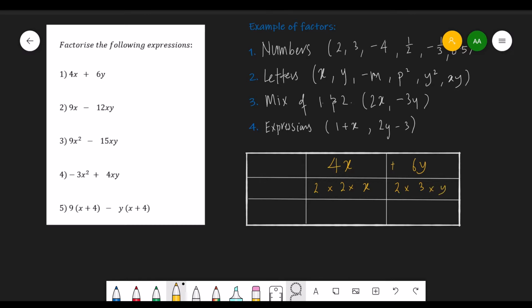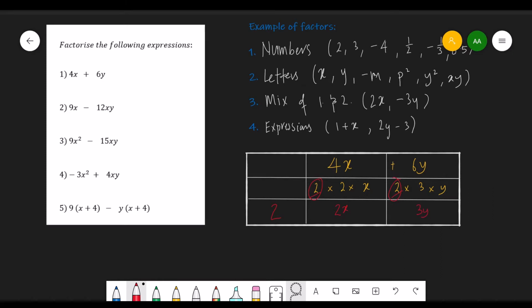After we know these are the factors of 4x and 6y, we are now going to find what is common between them. From here I can see that 2 and 2 are common. So I know 2 is their common factor. What is left after we take out the number 2 will be 2 times x, which is 2x, and 3 times y, which is 3y.